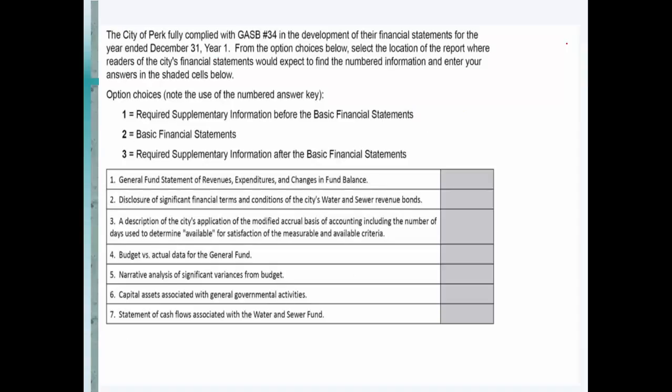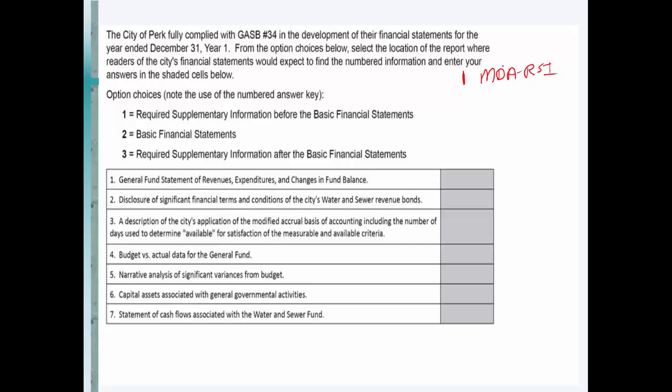Okay. So let's take a look at this exercise here and see if we can figure out what GASB is requiring us to report in these different categories. I just want you to remember that the first thing we see is our MD&A, isn't it? Is the MD&A RSI?